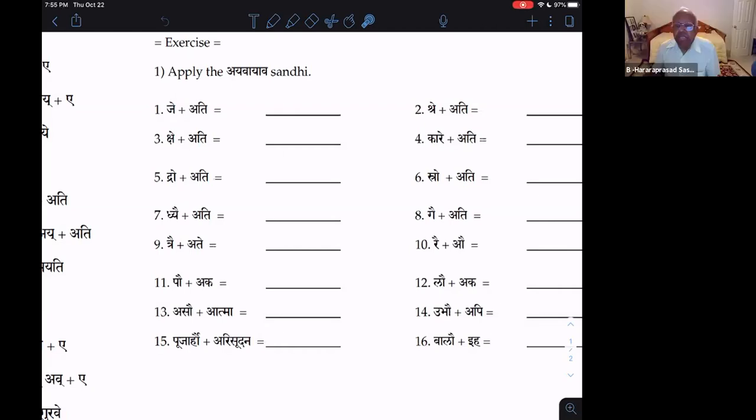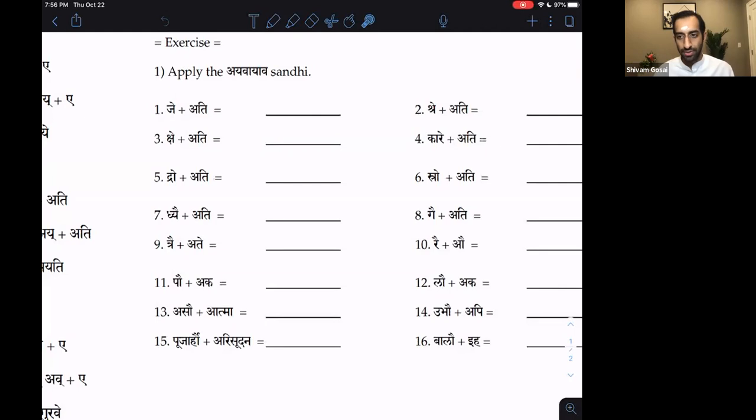The purva pada and the para pada, the purva may or may not be a dhatu, right? It may be a dhatu, correct. Not always a dhatu though.